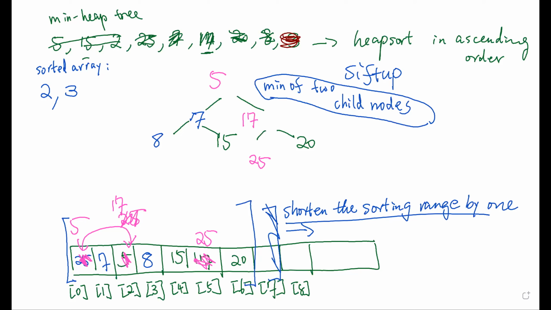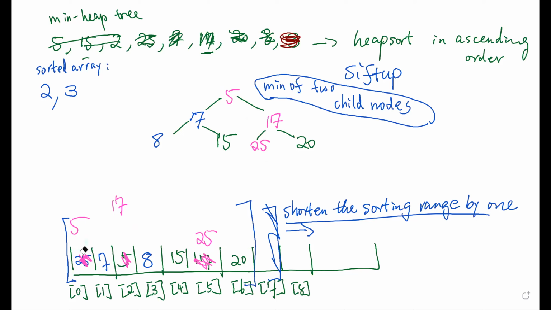Okay, first I will draw this so that we won't mess up. 5, 17, 25, okay. And then let's erase. Okay, and here. Oh, sorry, I got that line out.